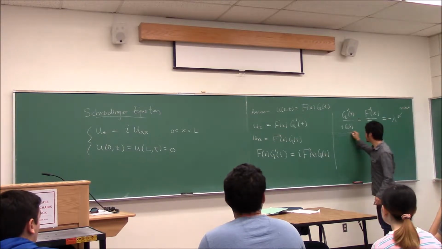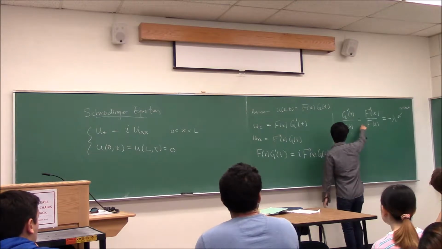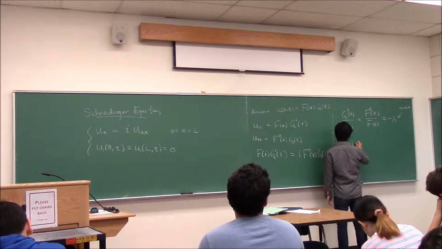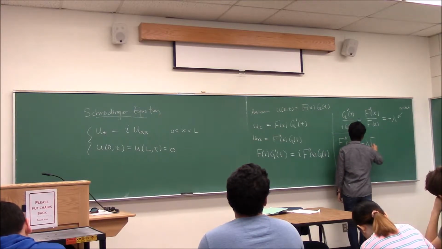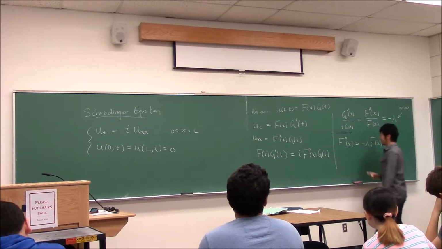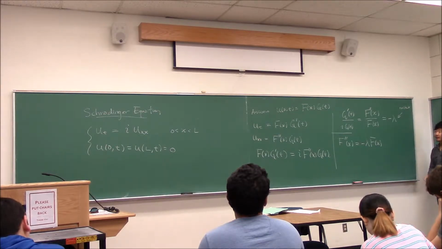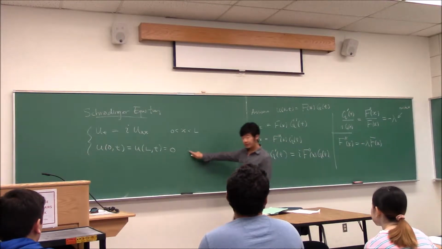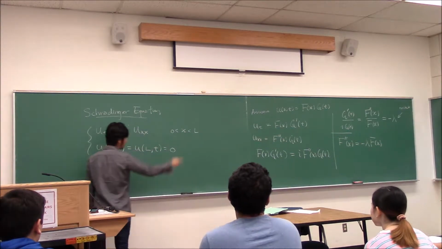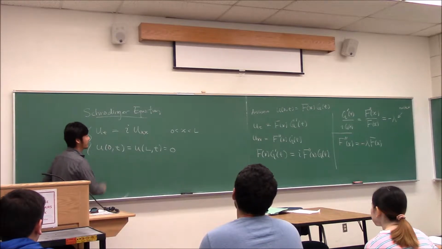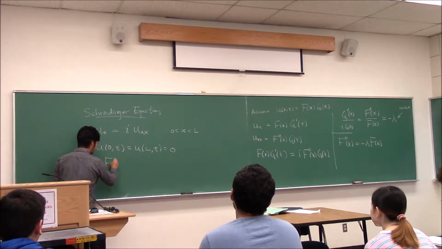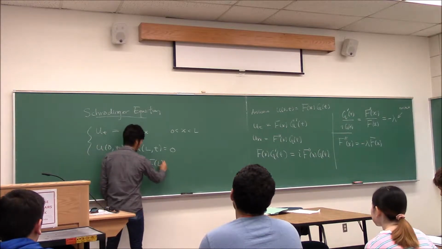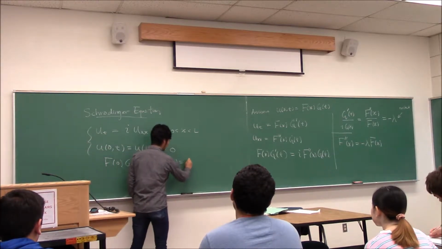So from here we get f double prime of x is equal to negative lambda f of x. Okay. And if you look at this boundary condition a little bit more carefully, what this is saying in the separated case is that f of 0 times g of t is equal to f of L times g of t is equal to 0.